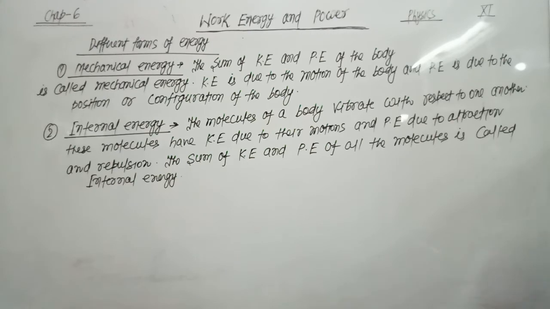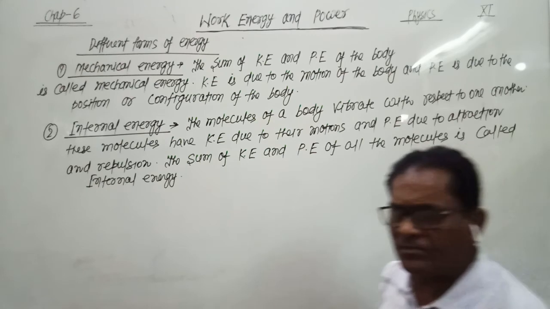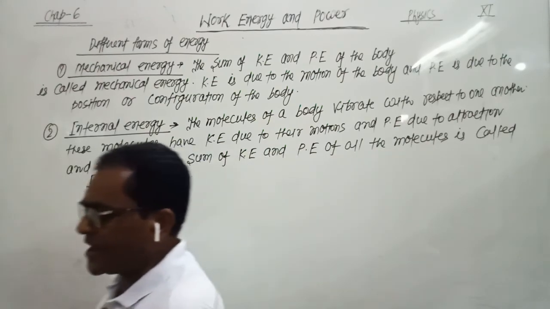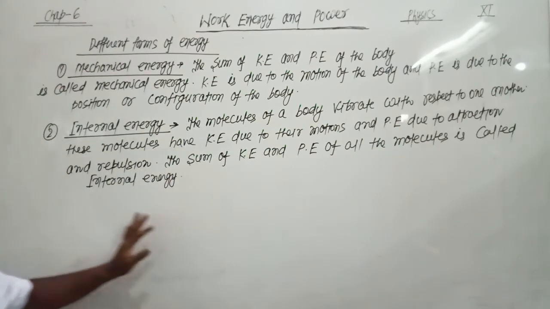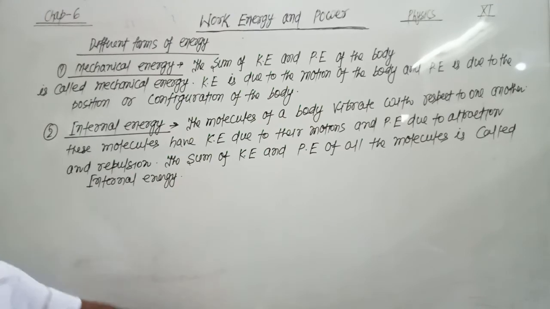So kinetic energy is due to the motion of the molecules, and potential energy is due to the attraction or repulsion of the molecules. And the sum of kinetic energy and potential energy of all the molecules is called internal energy of the body.